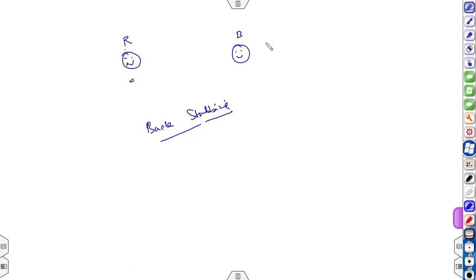Here is how we can determine that character R is behind character B. Suppose the vector between these two characters is BR, and its unit length vector is represented by BR hat. Why are we using a unit length vector?